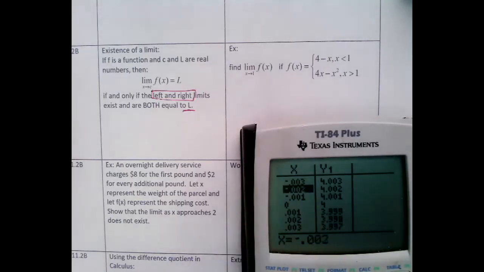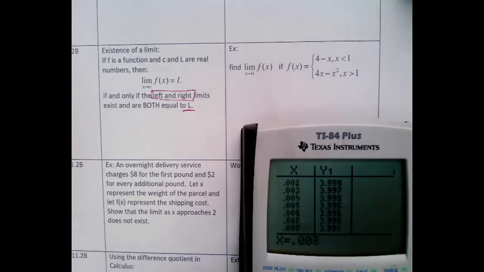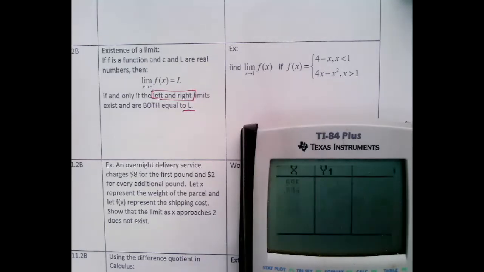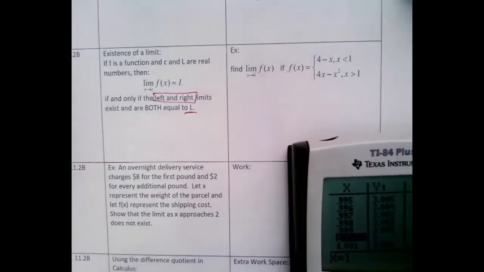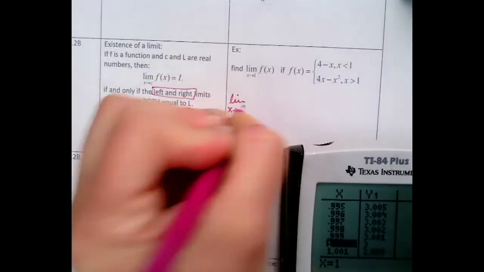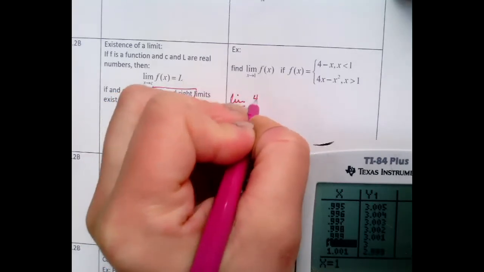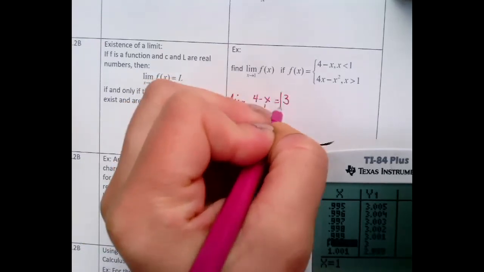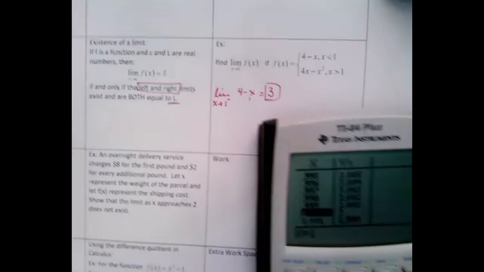As I approach 1, let's go with 0.995, as I get really close to 1, I'm going to get to 3. I could also do the limit as x approaches 1 from the left of 4 minus x, and do direct substitution here. I could plug in 1 and I would get 3. So either way works.